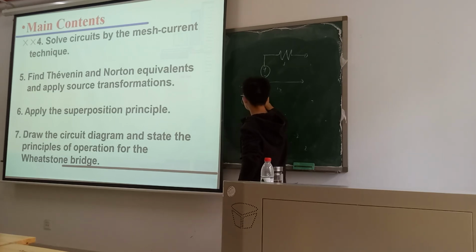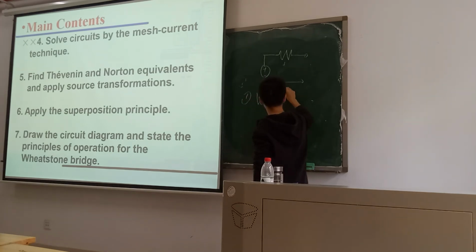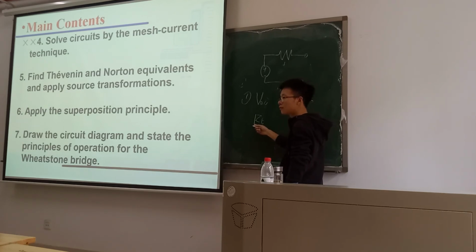The first is to calculate the open circuit voltage, right? And the short circuit current. So RT, the Thevenin equivalent resistance, equals VOC over ISC.